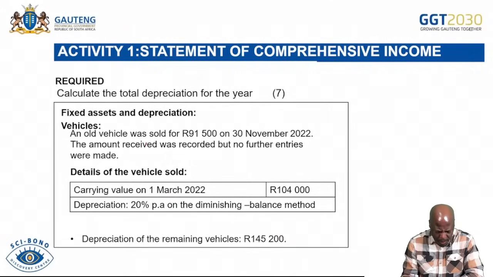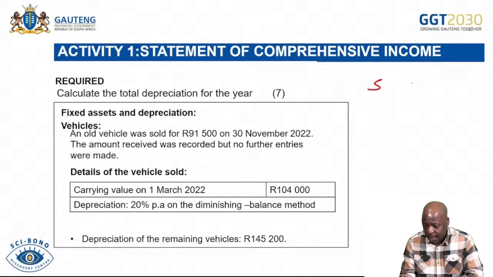So here's the vehicles, and we know that we had depreciation. Remember, when you calculate depreciation, you have to calculate for your what? For your SON. Remember that. The S stands for your sold, the O stands for your old, and the N stands for your new.